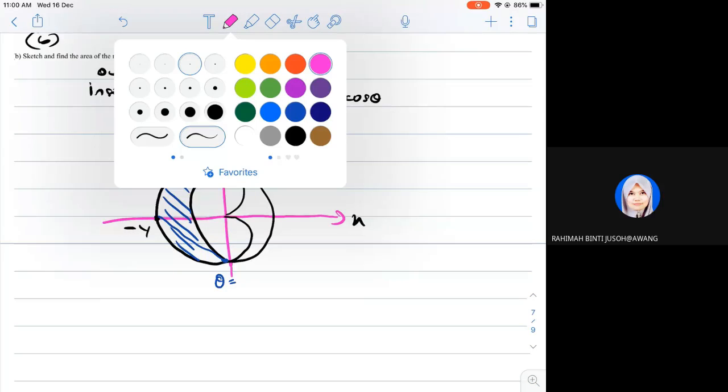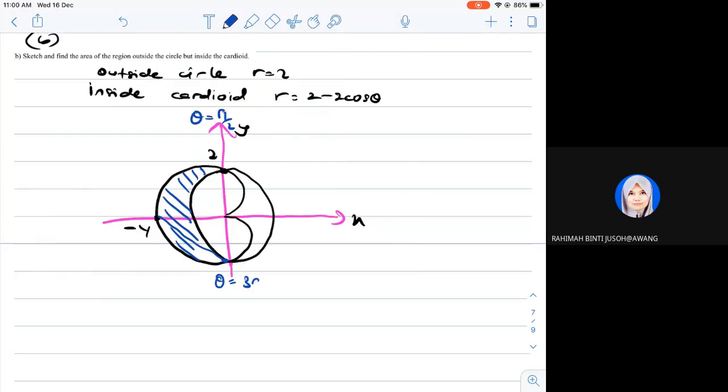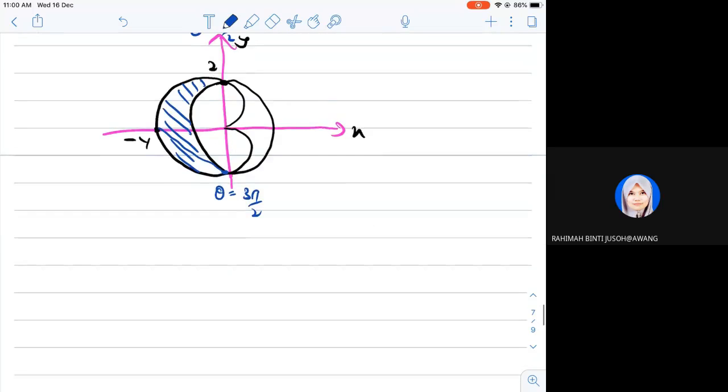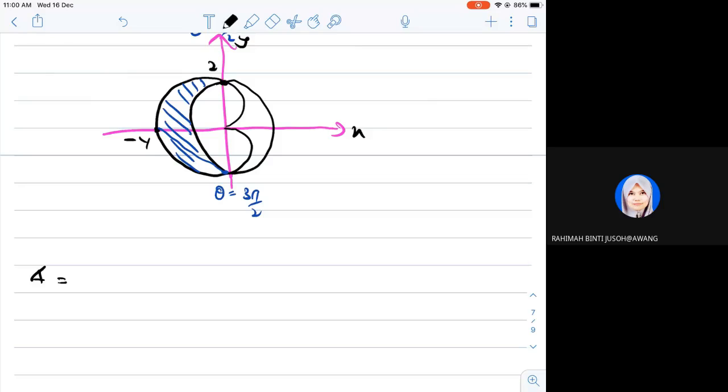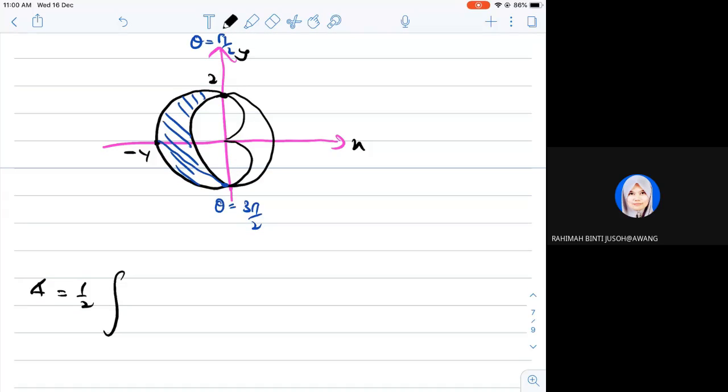Yes, 3 pi over 2. Okay, 3 pi over 2. Yes. So, okay, let us calculate the region. A equals to 1 over 2. Okay, now from pi over 2, limit ingat kalau limit kat bawah mesti lebih kecil daripada atas lah. So the lower limit should be pi over 2 until the above limit is higher, so 3 pi over 2.